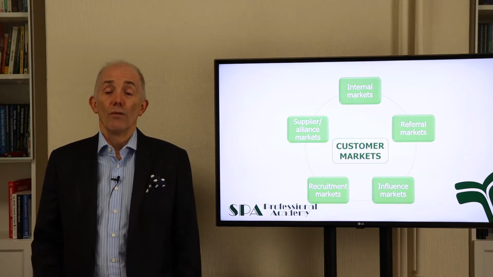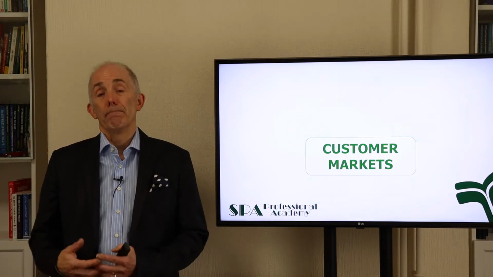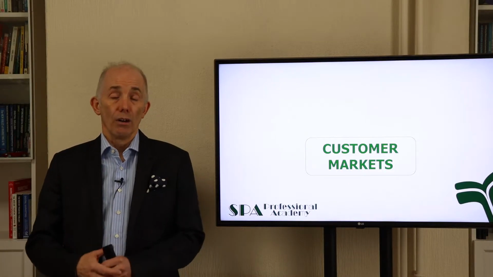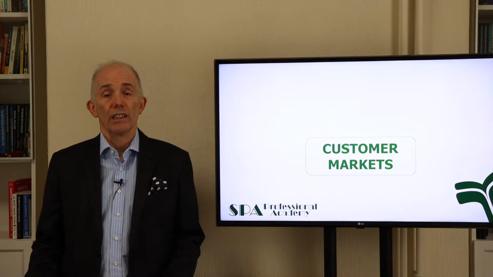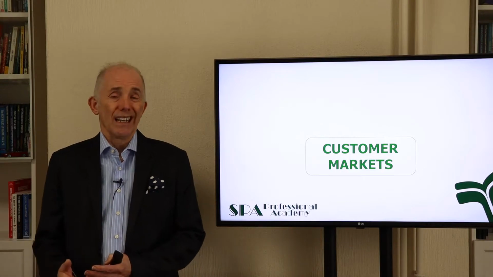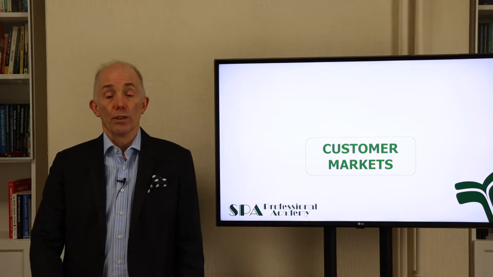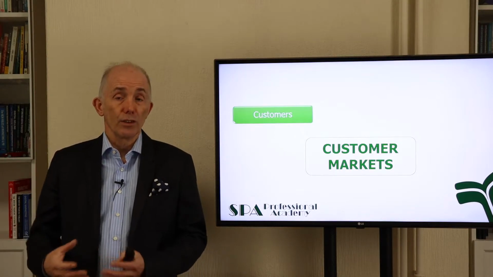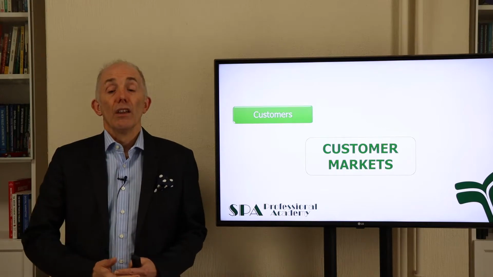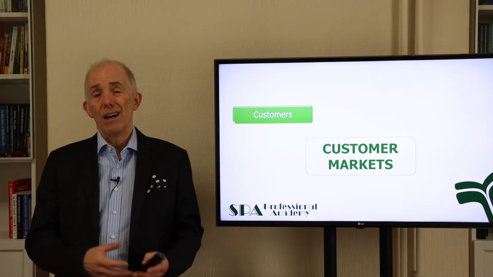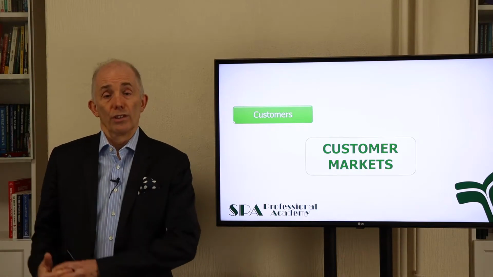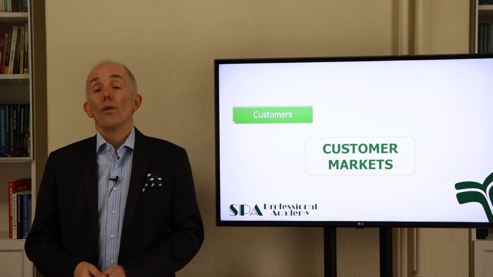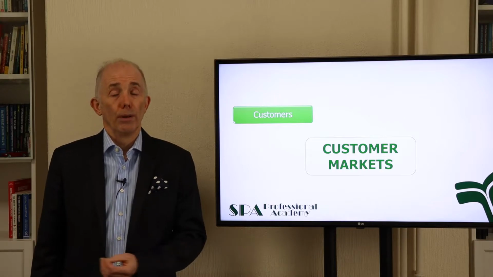So let's start off with the obvious important one from a marketing perspective, that of the customer markets. So what are we looking at here when we talk about the customer markets? Well, obviously, yes, we are talking about customers, those organisations that buy products or services from us as an organisation, or those people that could purchase.